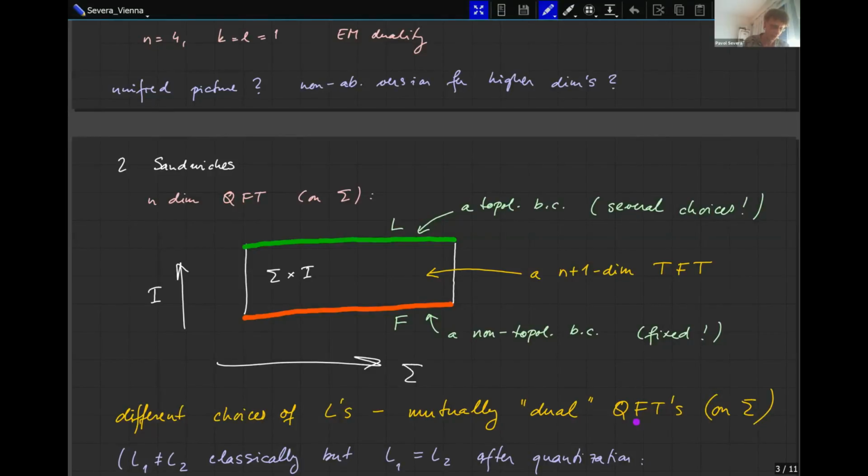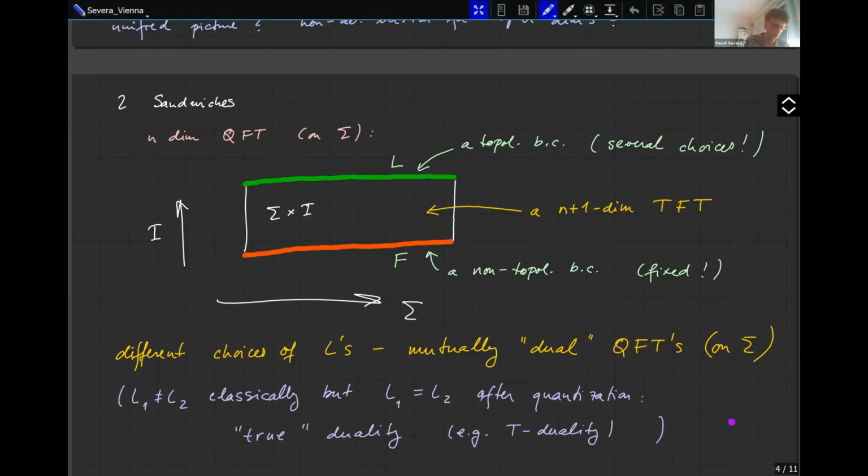What sometimes happens, but not always, is that if you obtain it by quantization of some classical field theory, we can have two boundary conditions that are classically different, but after quantization they become equal. This would be a true duality, in the sense that we now have a non-trivial isomorphism between two quantum field theories. But if it doesn't happen, then we don't have to despair.